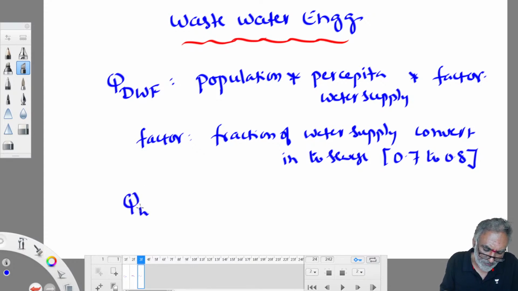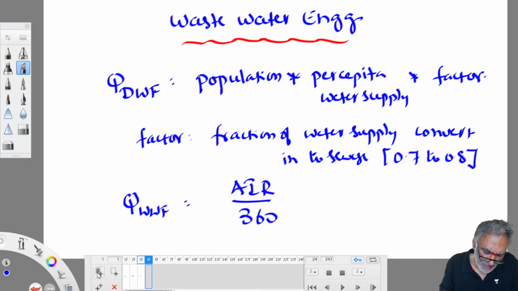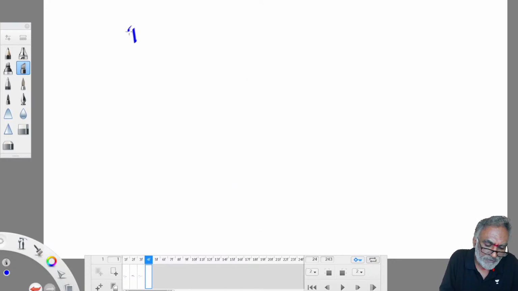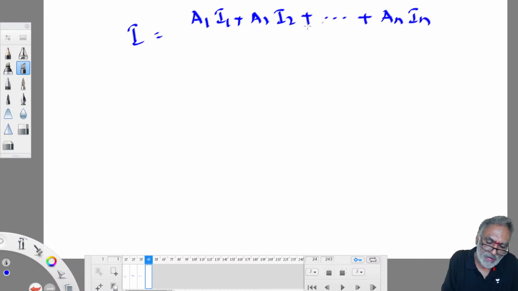Then wet weather flow we work out by using equation AIR by 360. In this A is equal to area of catchment, I is equal to impermeability factor, which we can work out by using A1 I1 plus A2 I2. The catchment having different surfaces, having different I values, we work out by using this equation sigma AI into I by total area.